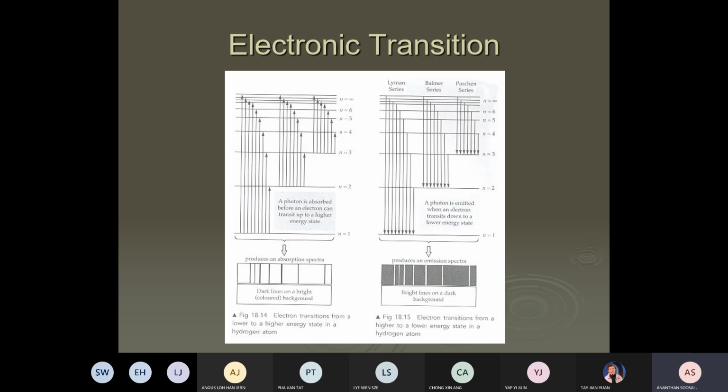When they say emission spectrum, in your mind you must say emission of photon. When the electron emits a photon, does it go down or up? It goes down. The energy emitted becomes a photon. So for the emission spectrum, the arrow goes down. For the absorption spectrum, the electron absorbs a photon and goes up.